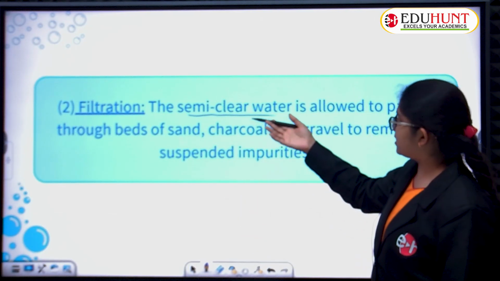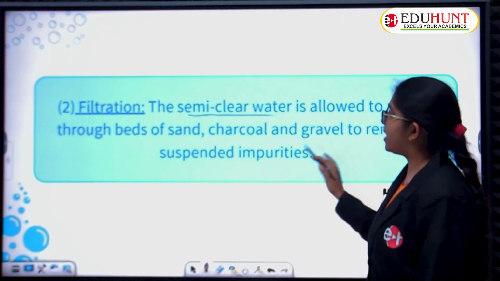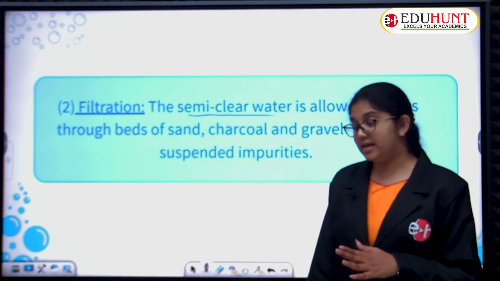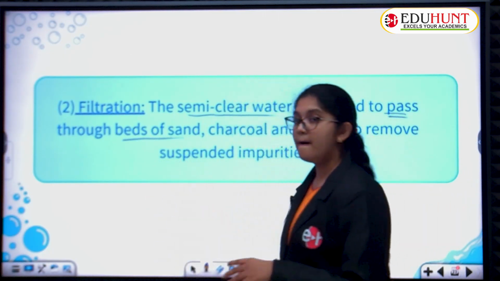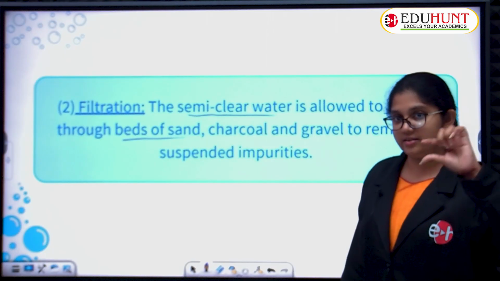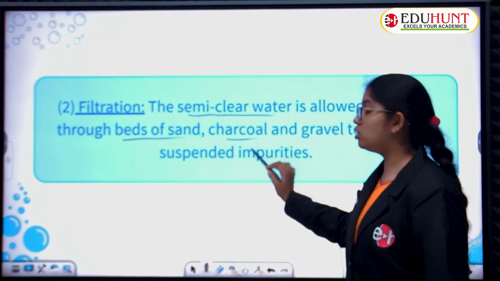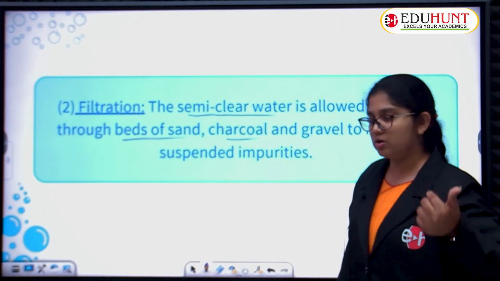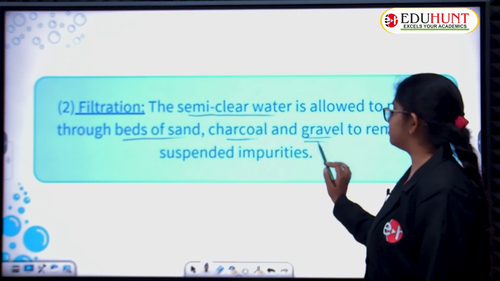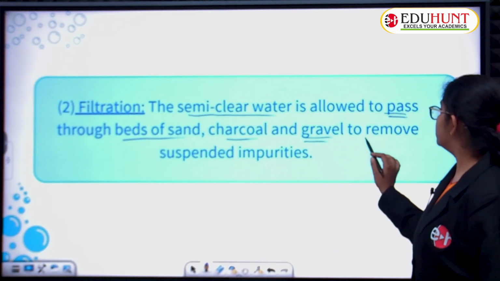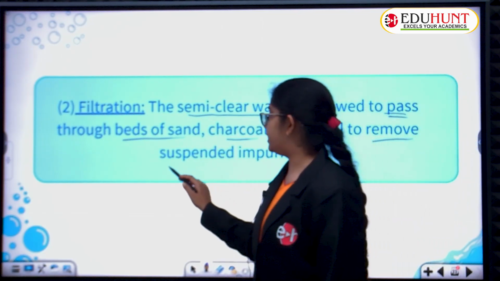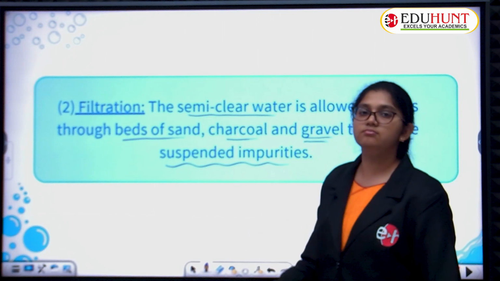The semi clear water is allowed to pass through the beds of sand, this is fine sand, and charcoal also, it seems, the black charcoal, and gravel, to remove the suspended impurities present in the water.